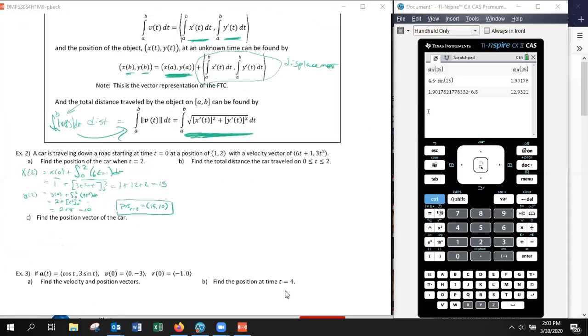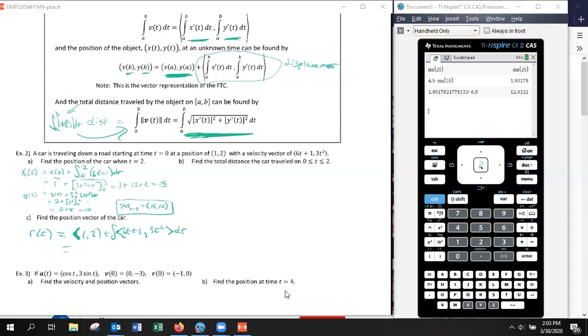So that's actually what part C is asking. What is our position vector of the car? Let's go ahead and do that right now. Our position vector r of t is going to be our initial point, that point plus the vector, and this will be the integral of that vector, 6t plus 1, comma, 3t squared, dt.